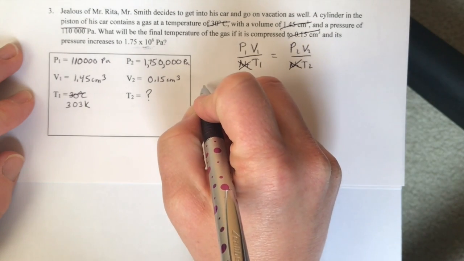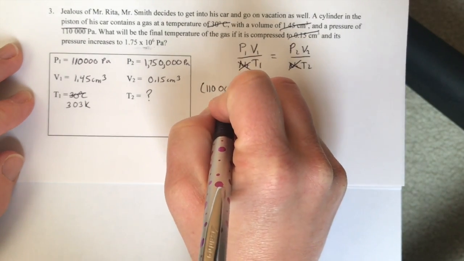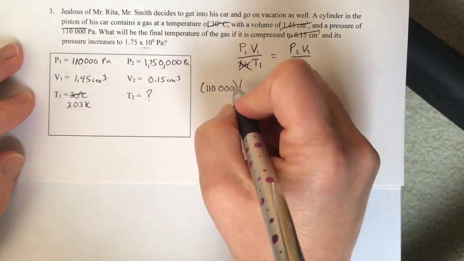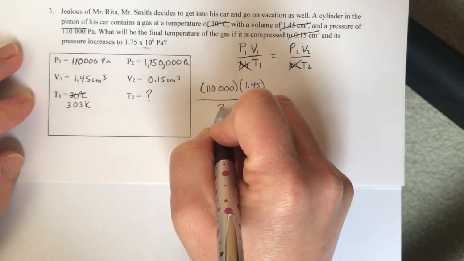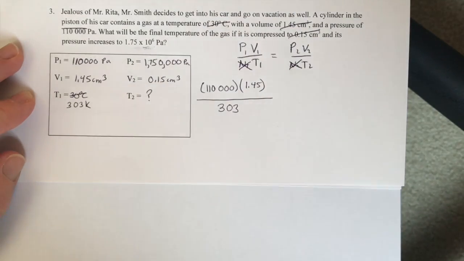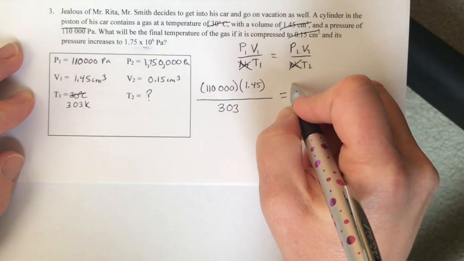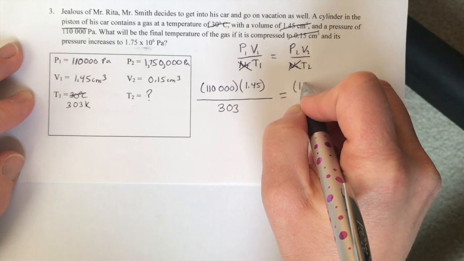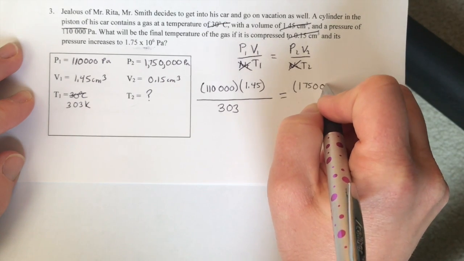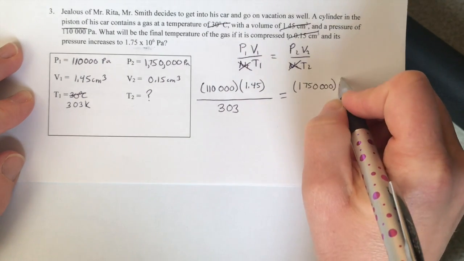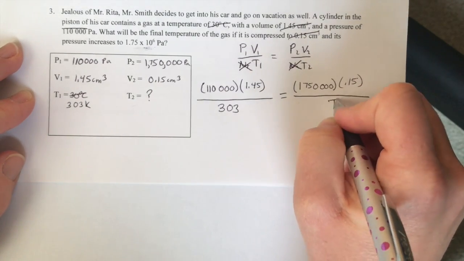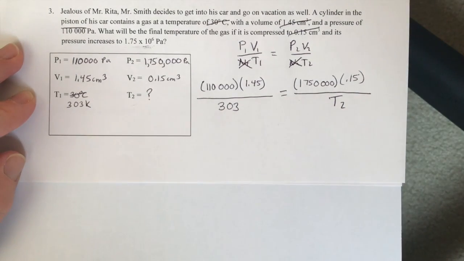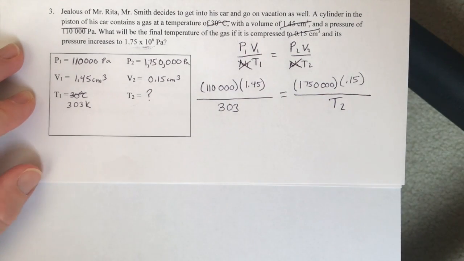So our pressure is 110,000 times the volume, 1.45, divided by the temperature in Kelvin, so 303, equals the pressure, 1,750,000 pascals, times 15 hundredths of a centimeter cubed, divided by temperature, which we don't know. So how we solve this is we simply cross multiply.